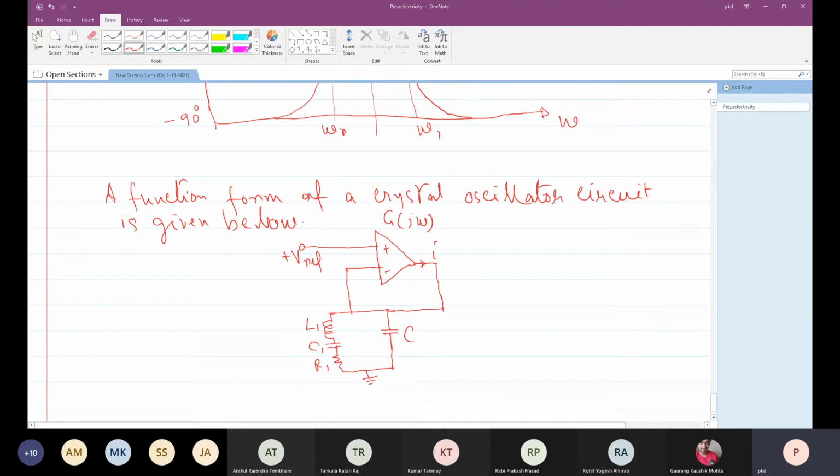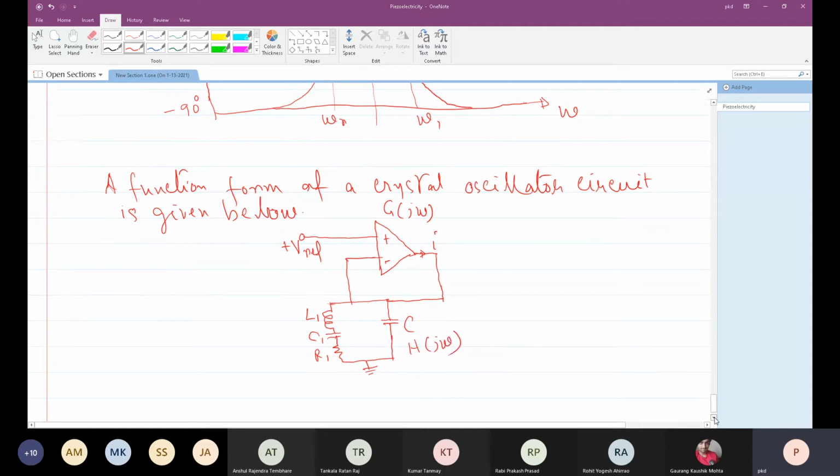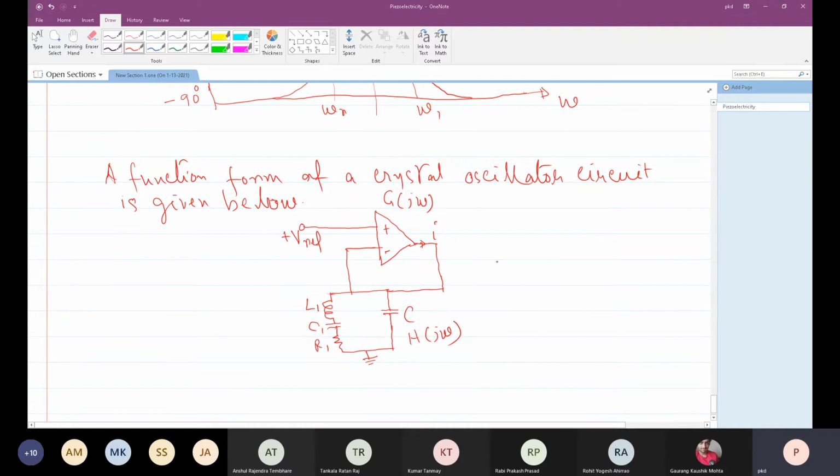So if this is Gj omega and this we have put as Hj omega, the reference can be anything, can be +1, -1 or 0, depending on various kinds of application.